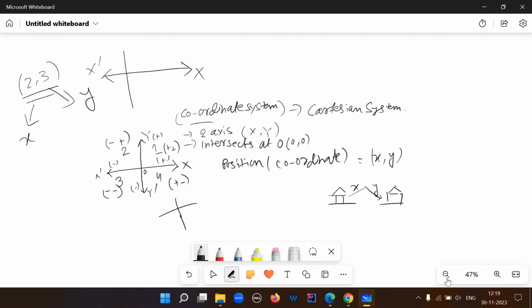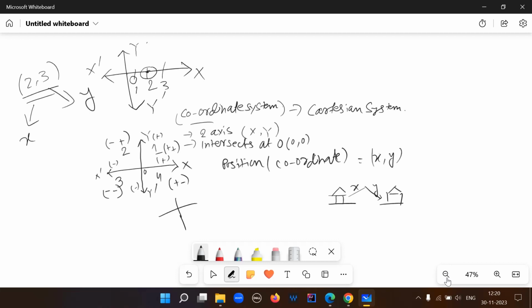I will draw it again: x-axis positive side, x-axis negative side, y-axis positive side, and y-axis negative side. Remember that, students, it is very much important. If you go x of 2, it means 2 units from the intersecting point 0: 1, 2. The 2 is for the x.